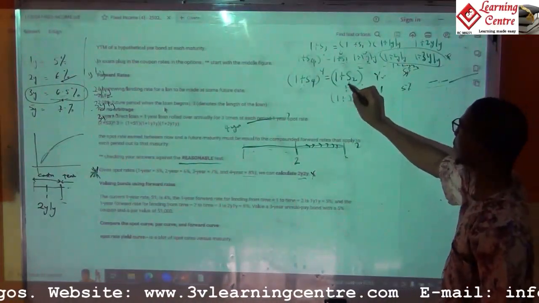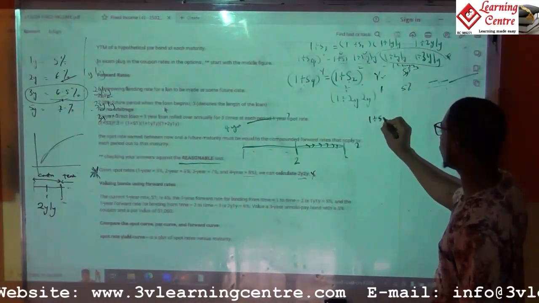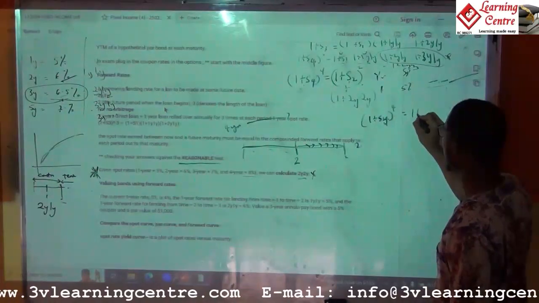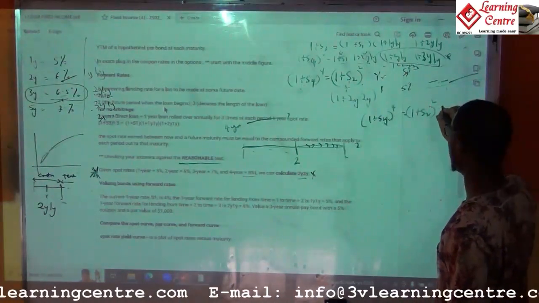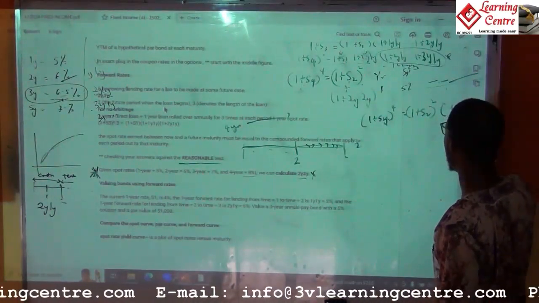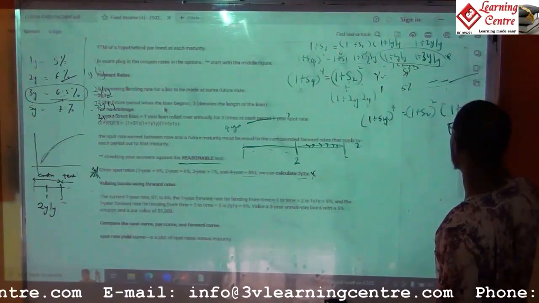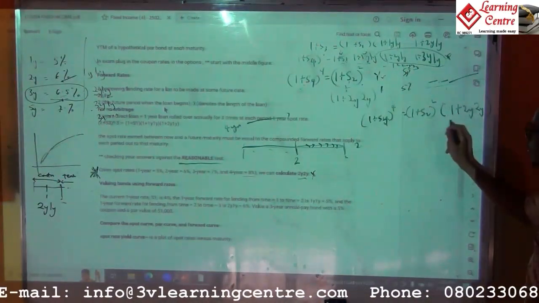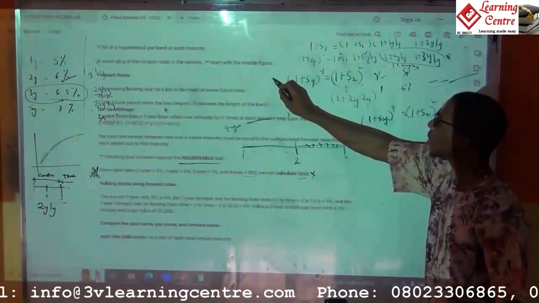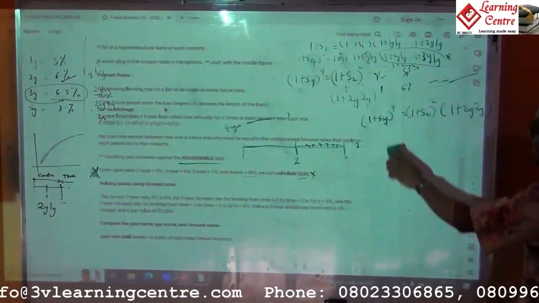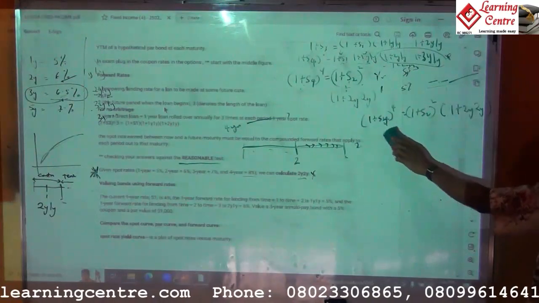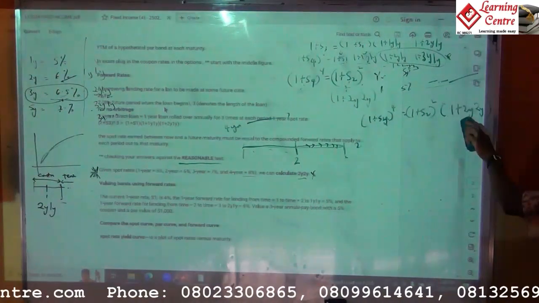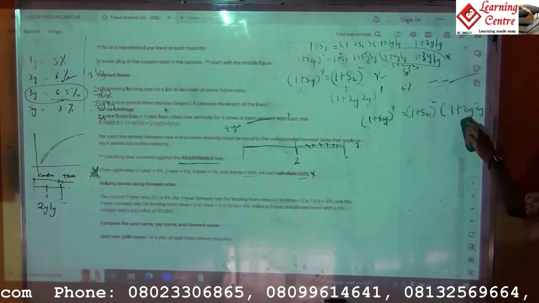Let's do this first one, which is (1 + S4)^4 equals (1 + S2)^2 times (1 + the 2-year forward rate starting in 2 years). A 4-year loan should be the same thing as a 2-year loan and a 2-year loan that starts in 2 years' time.